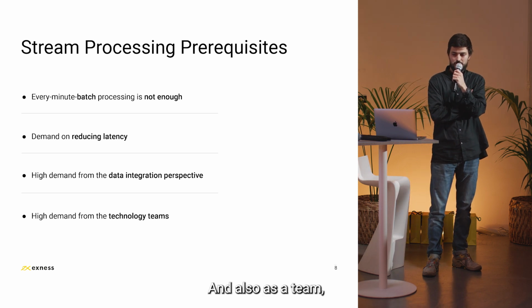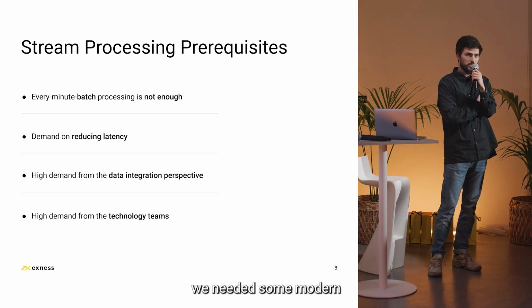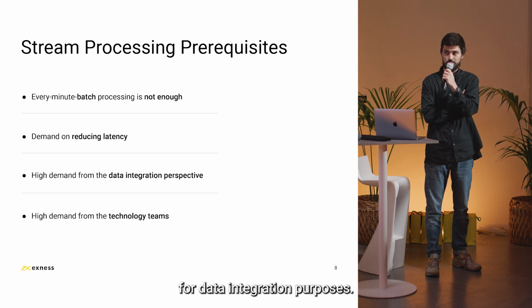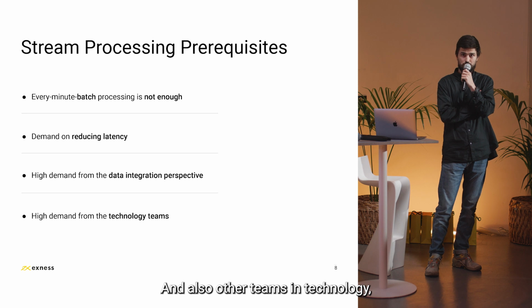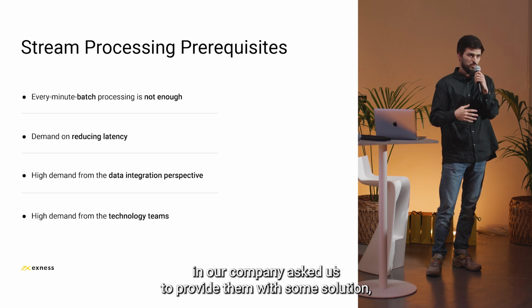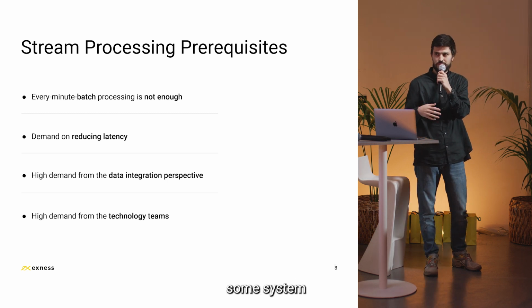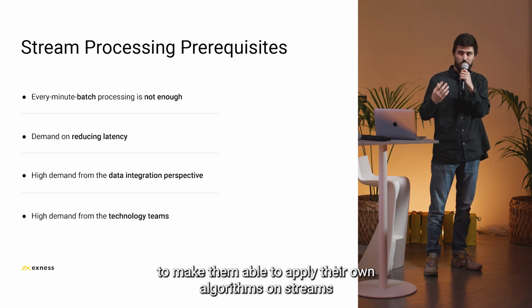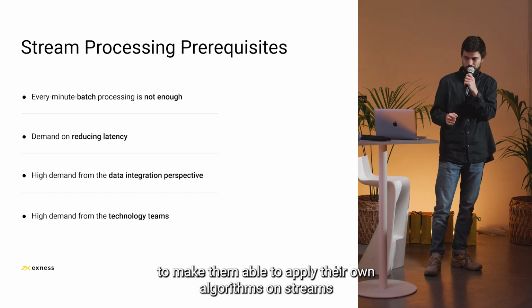Also, as a team, we needed some modern and well-implemented solution for data integration purposes. And other teams in technology in our company asked us to provide them with some system to make them able to apply their own algorithms on streams.